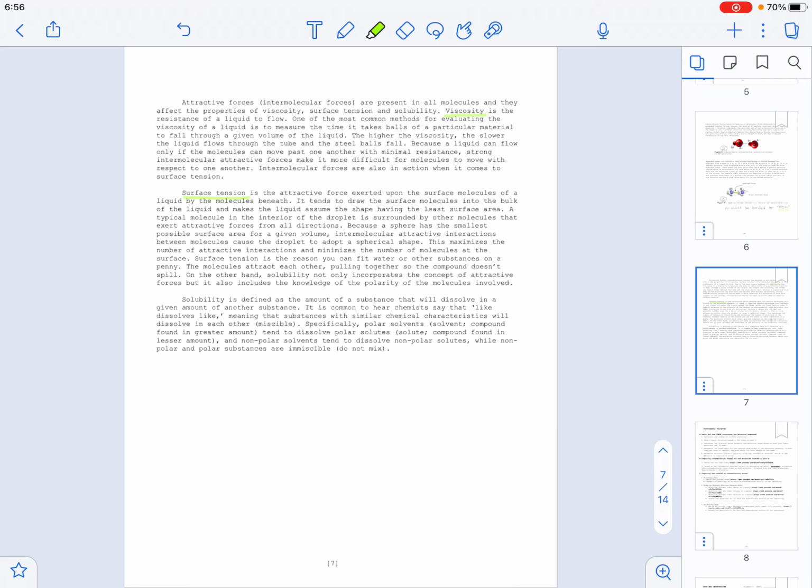And lastly, solubility. And understand that solubility is defined as the amount of a substance that will dissolve given the amount of another substance. Okay? So in this lab, lastly, you're going to see how the attractive forces affect these three.